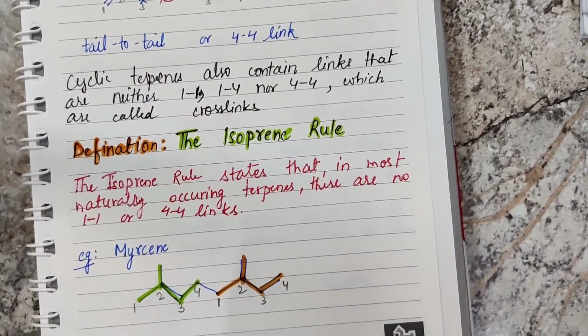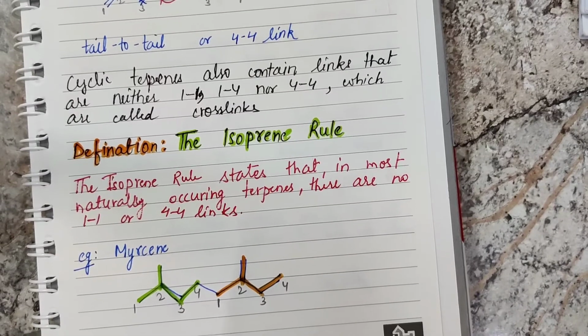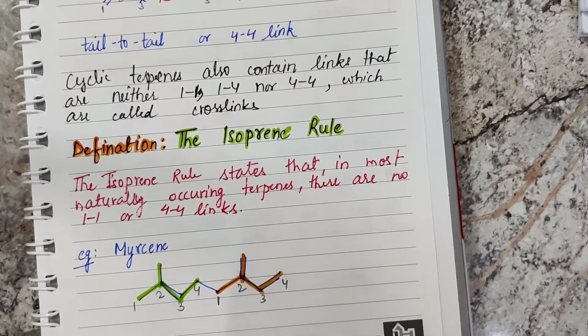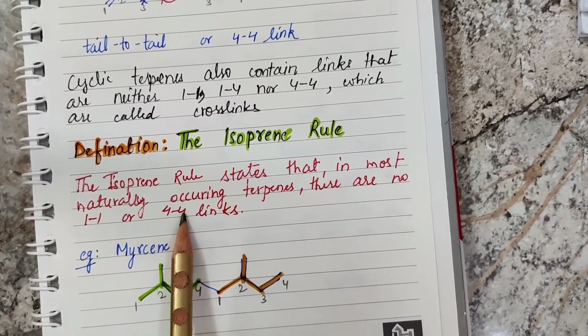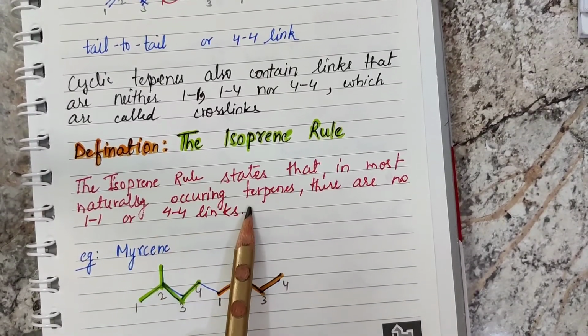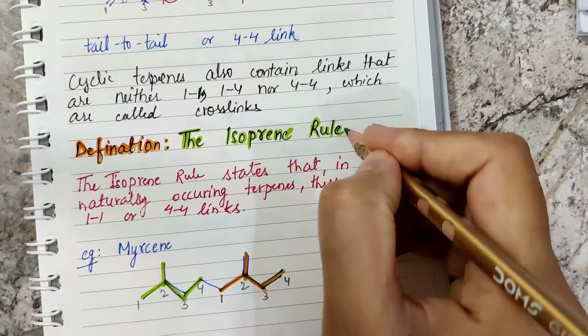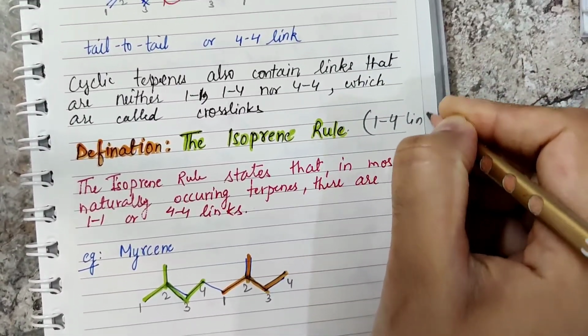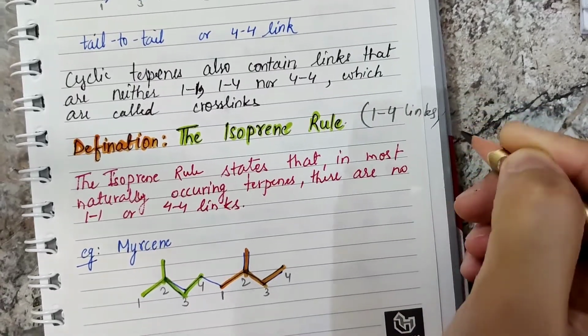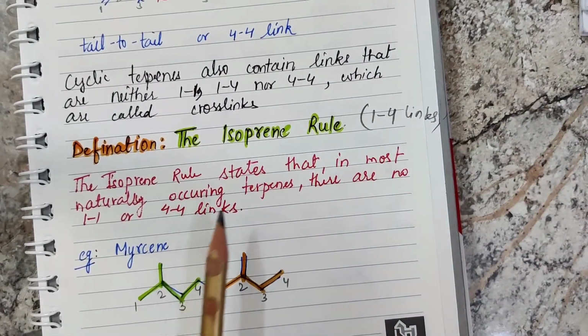What the Isoprene Rule suggested was, it states that in most naturally occurring terpenes, there are no 1-1 or 4-4 links. What the Isoprene Rule suggests is only 1-4 links are present in the naturally occurring terpenes.